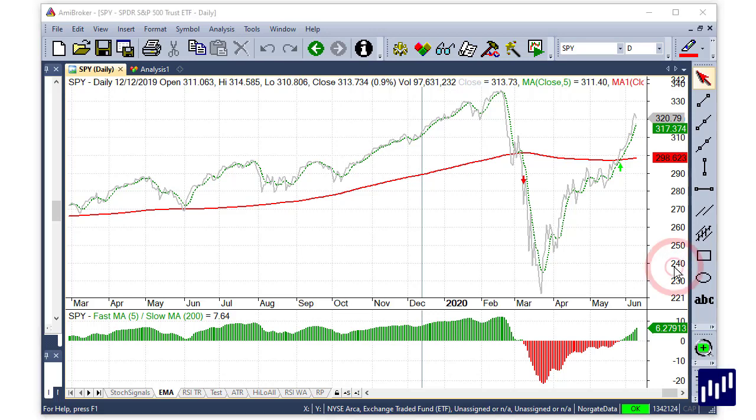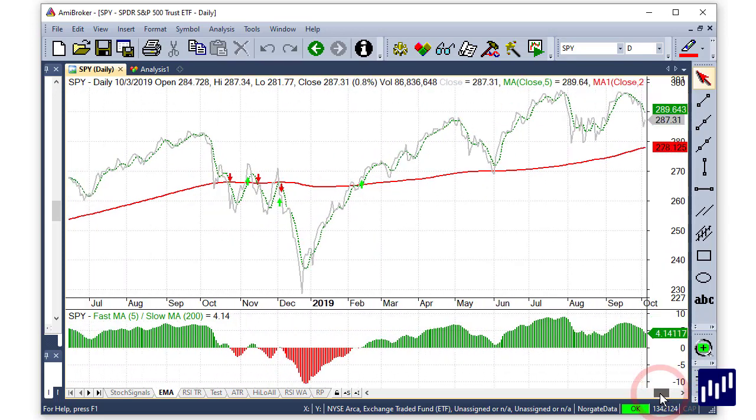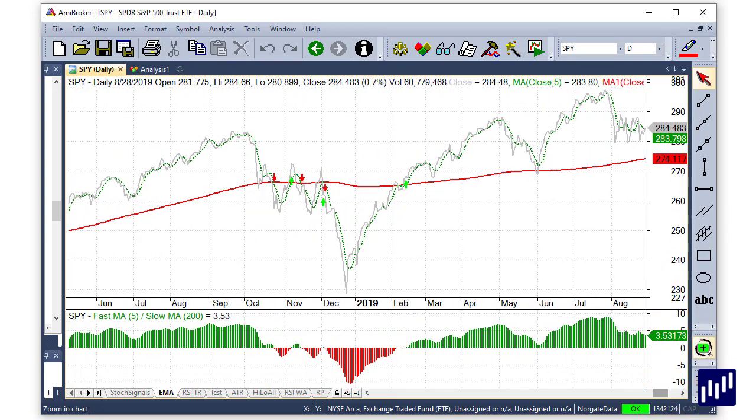But if you look here, you can see that instead of getting the whipsaws there, we got a little bit later of a signal with the 5-day SMA moving below the 200-day in early March, and we've got a bullish cross happening here in late May. And if we go back and look at that period, October and November, we still got some whipsaws, but fewer whipsaws than if you'd just been using the closing prices there.